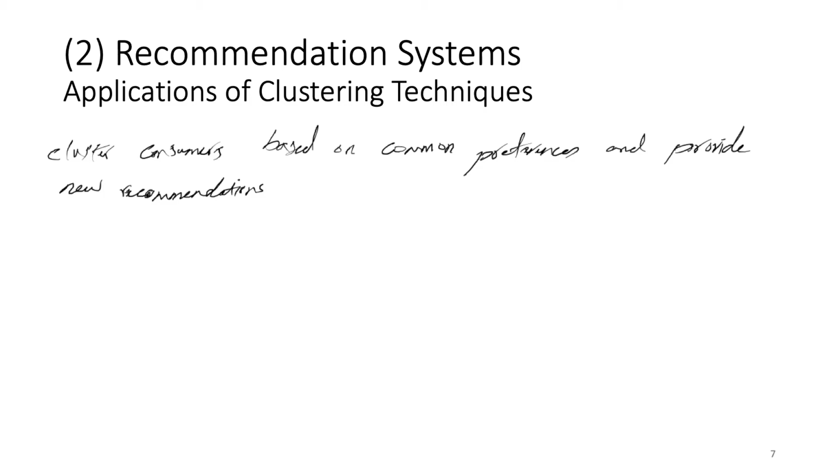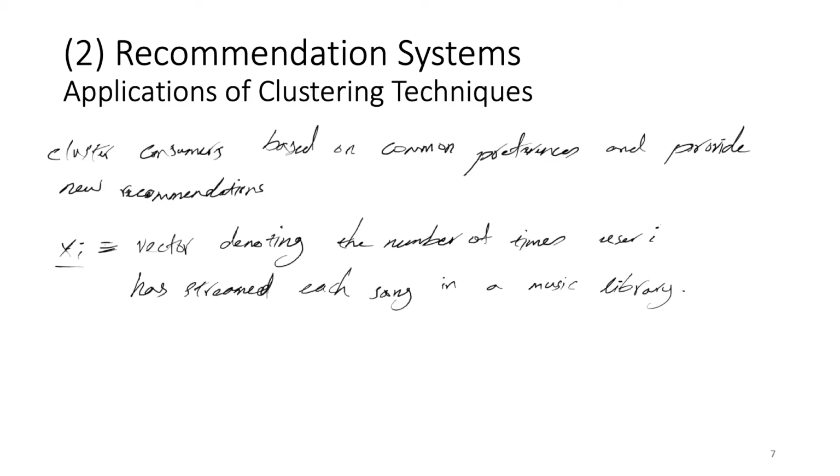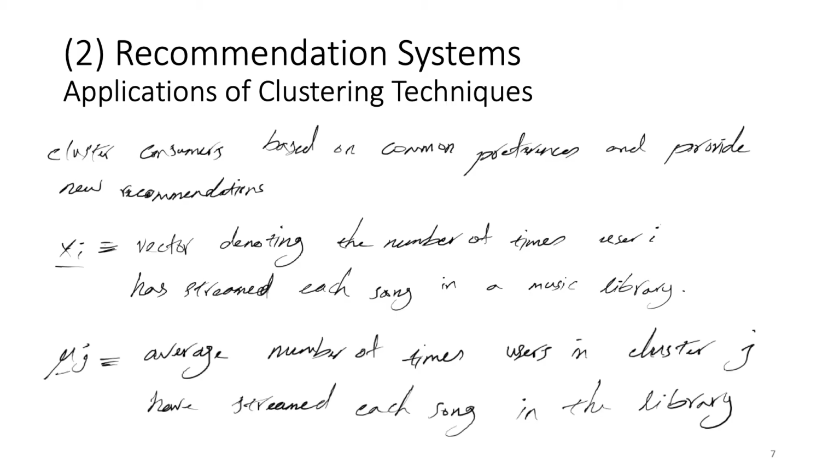So let's define the x_i's and mu_j's here. x_i would be a vector denoting the number of times user i has streamed each song in a music library, and corresponding to that, mu_j would be the average number of times users in cluster j have streamed each song in the library.